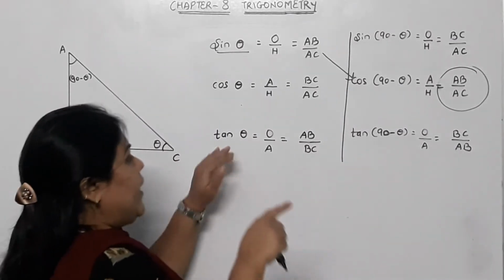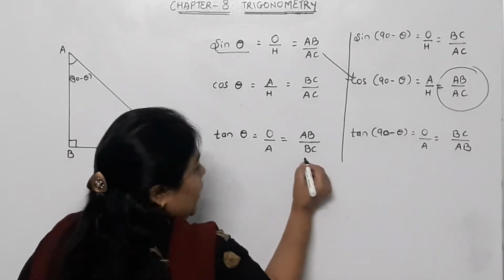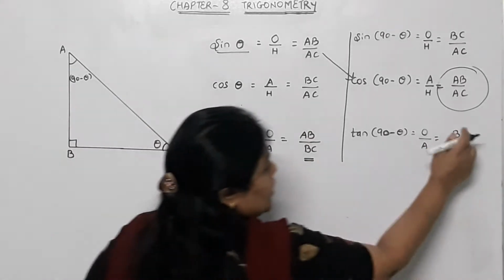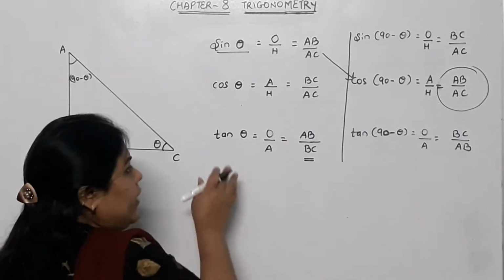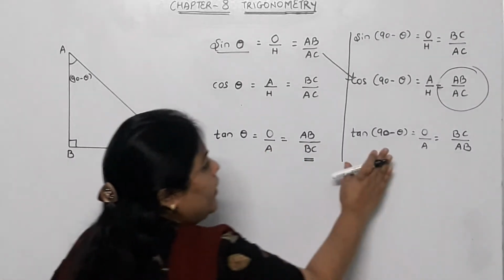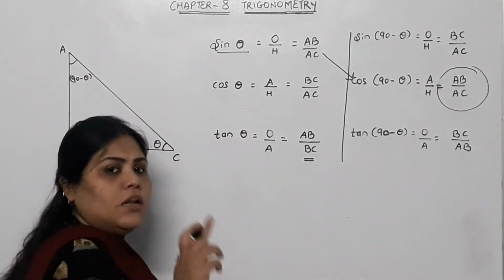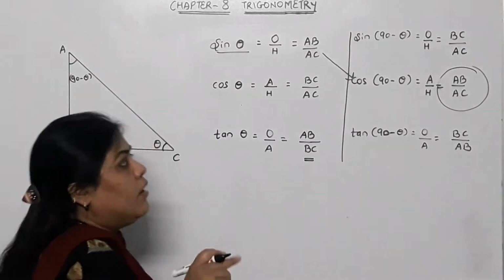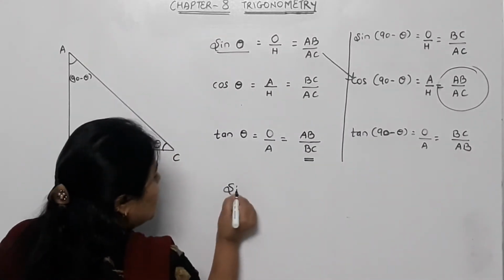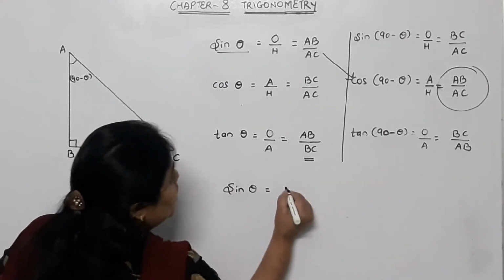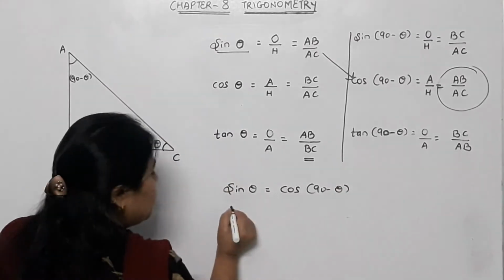And if we compare tan theta and tan 90 minus theta, you can see here it is AB upon BC and it is BC upon AB. Means they are reciprocal of each other. In case I multiply tan theta and tan 90 minus theta, all the four values will get cancelled and I am going to get 1. So, in short, sin theta is equal to cos 90 minus theta.